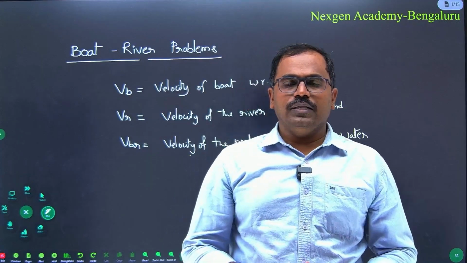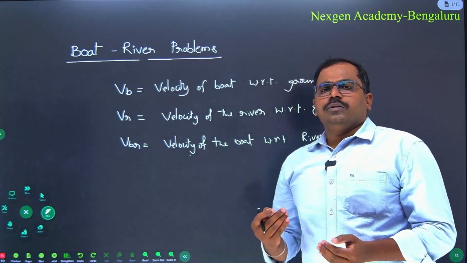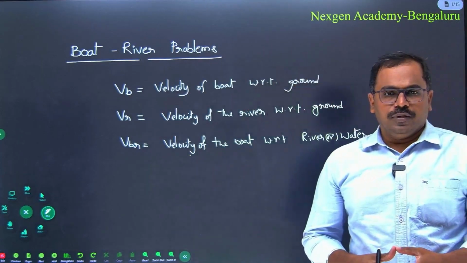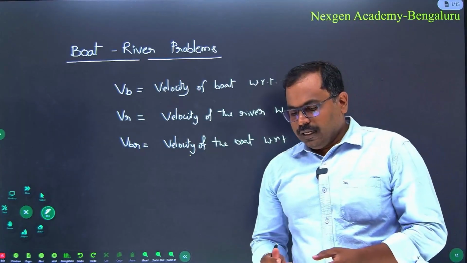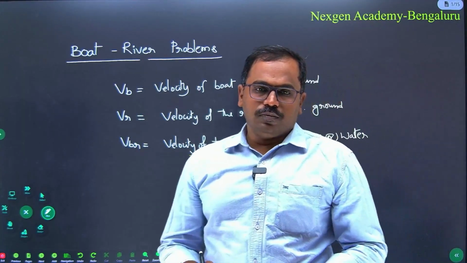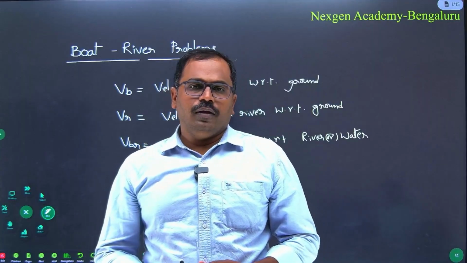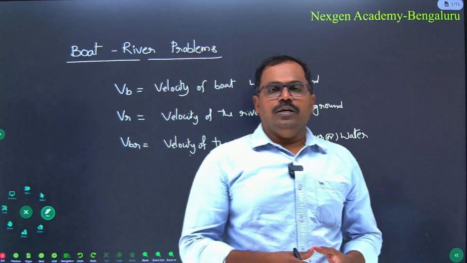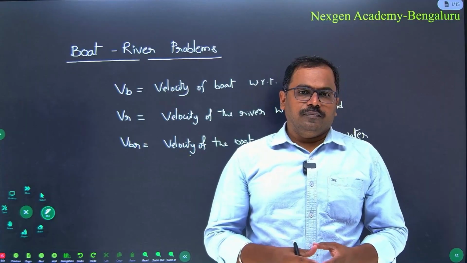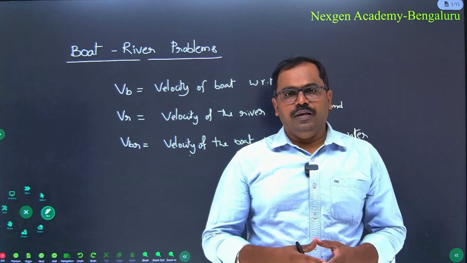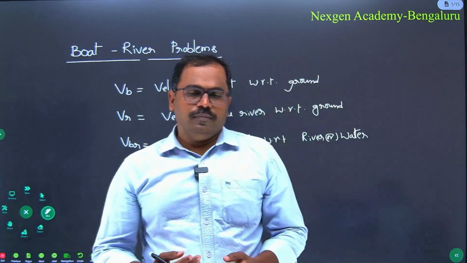Then we have two kinds of situations. First one is downstream and upstream, which means if the boat is moving in the direction of water, that is downstream, or in the opposite direction of water, that is upstream, and then crossing the river. These are the three situations we have. First, let me take downstream and then upstream.